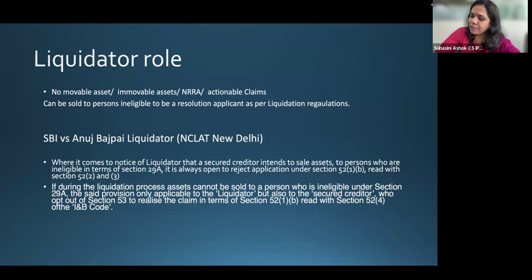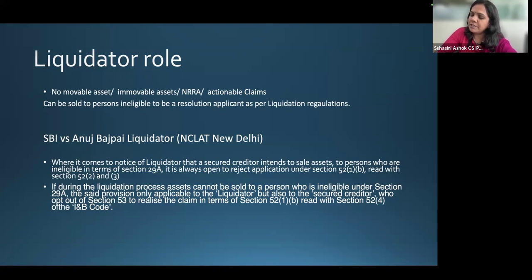So in this case, what has happened? The secured creditor was trying to sell the assets of the corporate debtor to a person who is ineligible under Section 29A. So the liquidator can always object, saying that participation in liquidation by any person who is ineligible to submit a resolution plan is also ineligible to acquire the assets here.